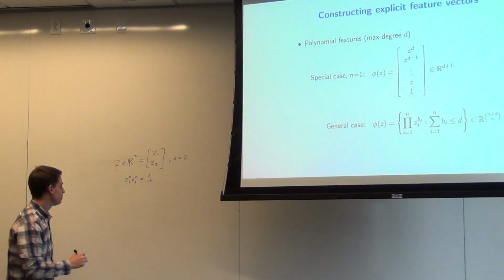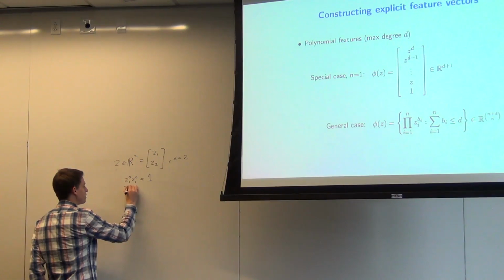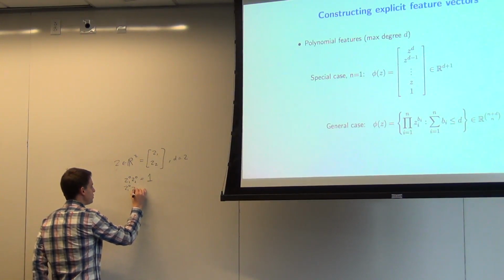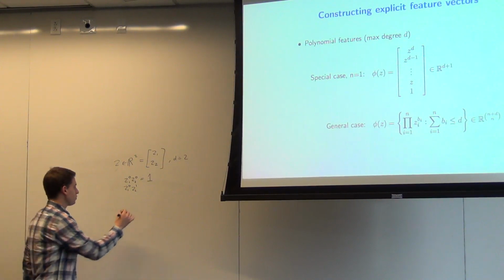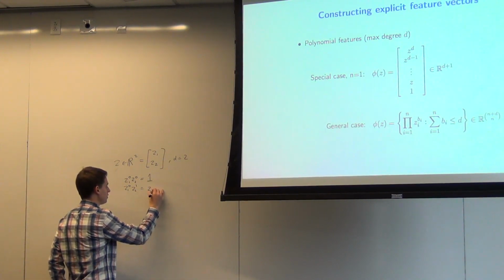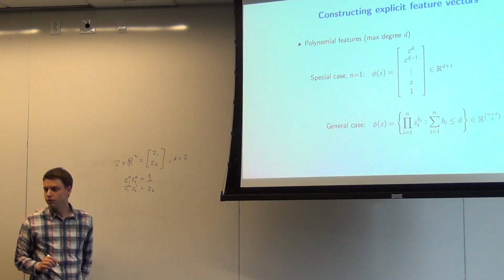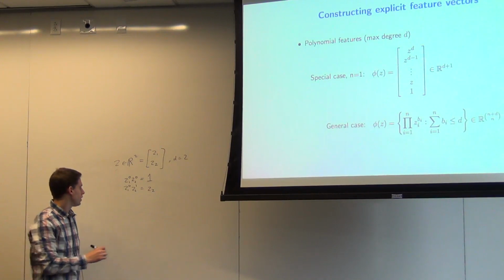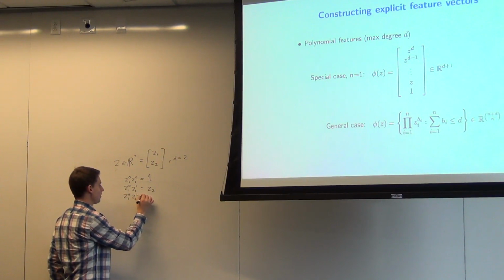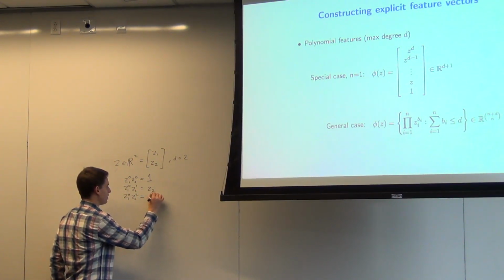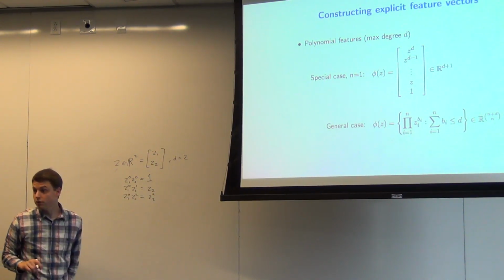But that's one term. Another term would have z1 to the 0, z2 to the 1, right? And that is just equal to z2. Then there's z1 to the 0, z2 squared. Remember, the total degree here is still less than or equal to 2.